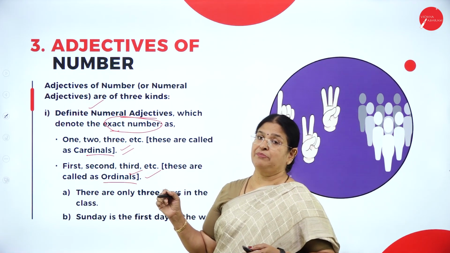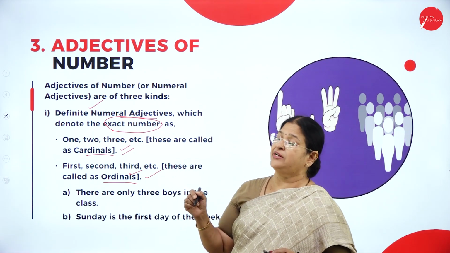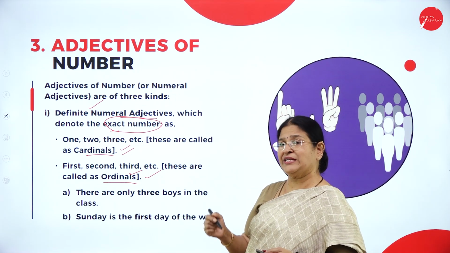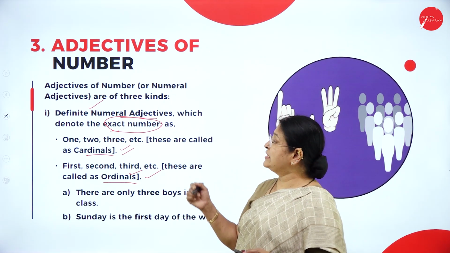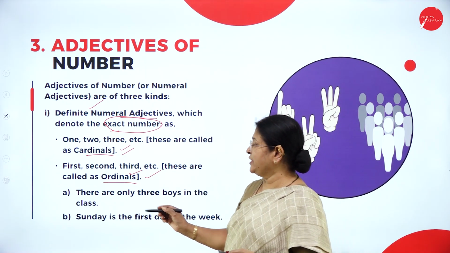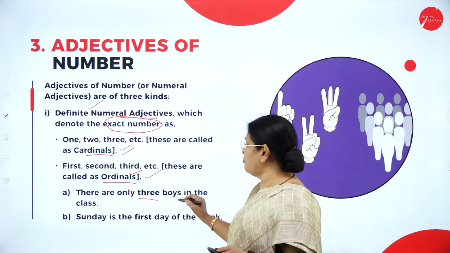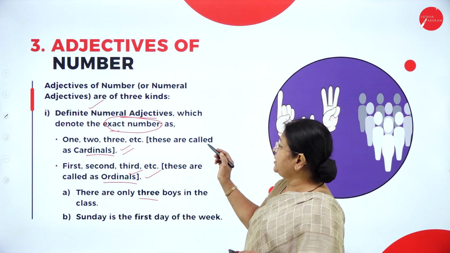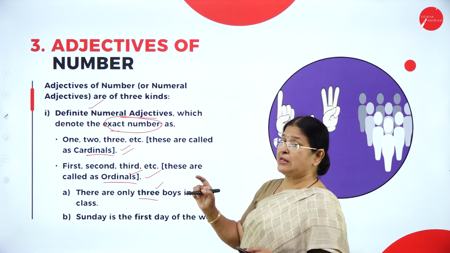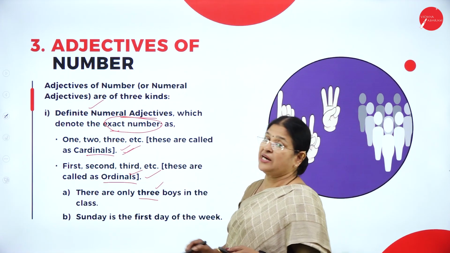You will understand the definite numeral adjective better with a suitable example. For example, there are only 3 boys in the class. So here, how many boys are there in the class? Only 3. The number 3 is nothing but a cardinal.